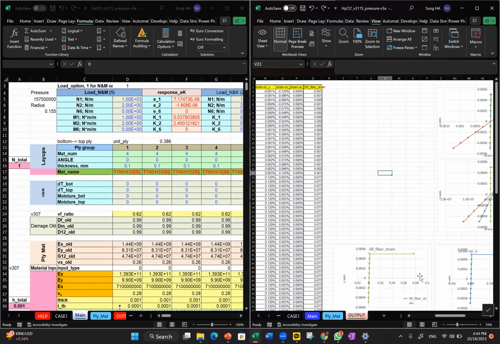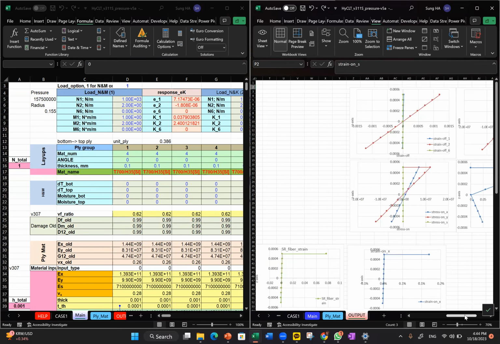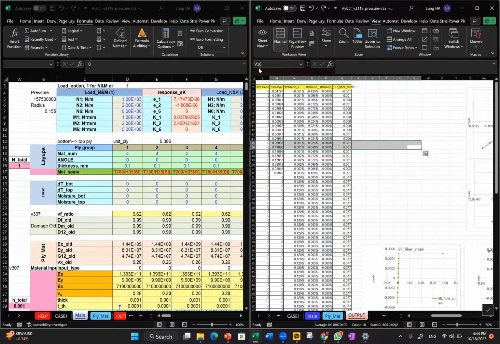But you can see there is a strain, the on-axis strain. This is the off-axis strain. You can easily plot it. Every value is on the left.